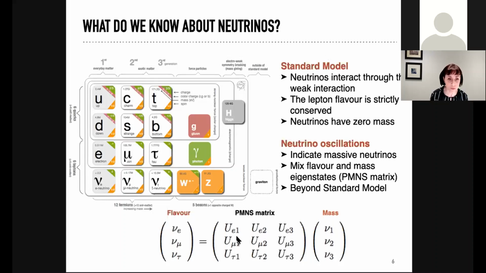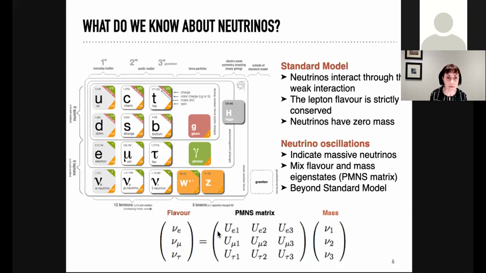It's a quantum mechanical process, and you can see that they oscillate from one quantum state to another through a mixing matrix. This relates the flavor eigenstates of the neutrinos, which is basically what we see because this is what interacts with matter, and the mass eigenstates, the ones with definite mass, the eigenvalues of the mass.